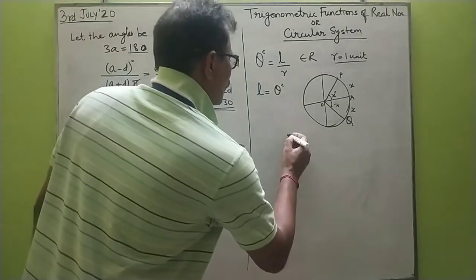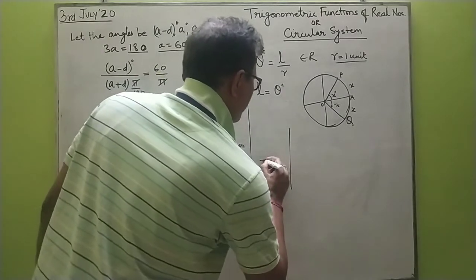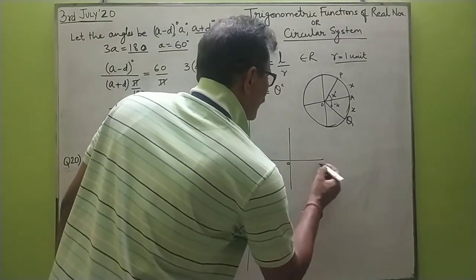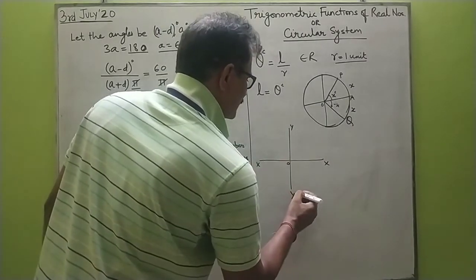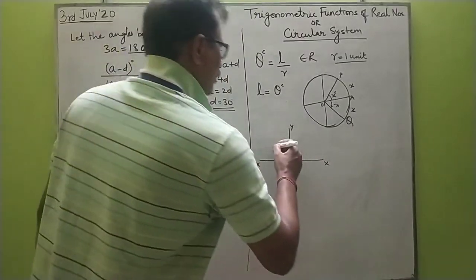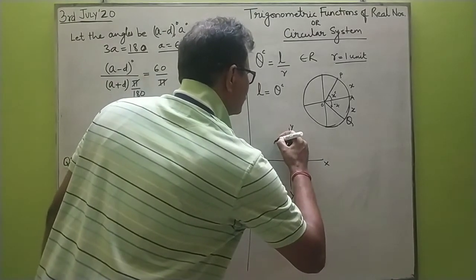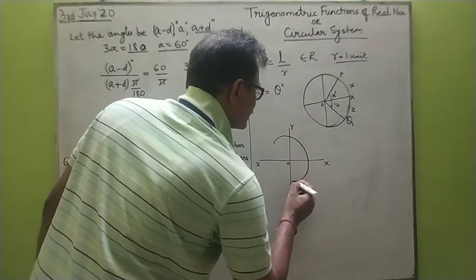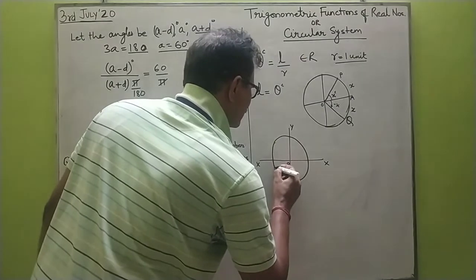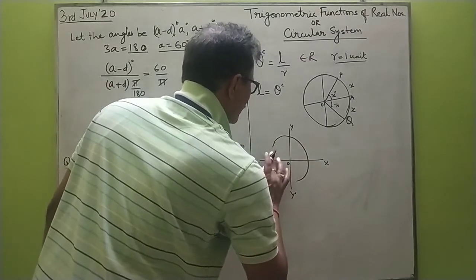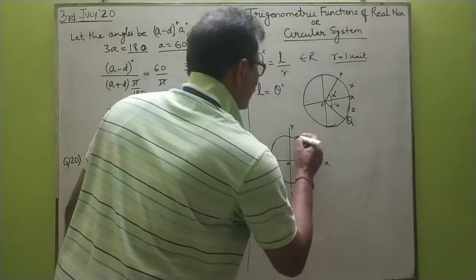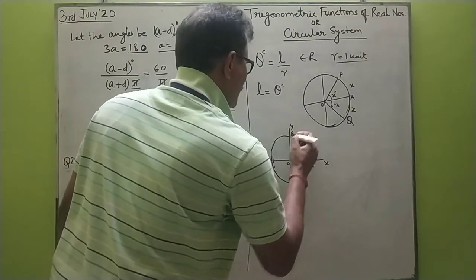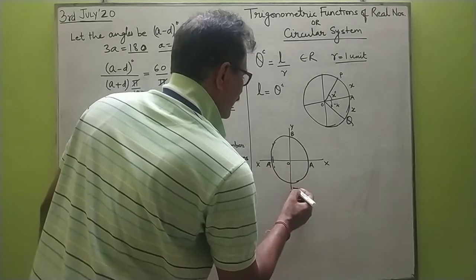Now let us take coordinate axes X'OX, Y'OY, with O as center. If I draw a unit circle, it intersects these coordinate axes at 4 points, A, B, A dash and B dash.